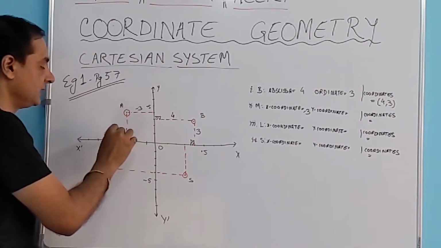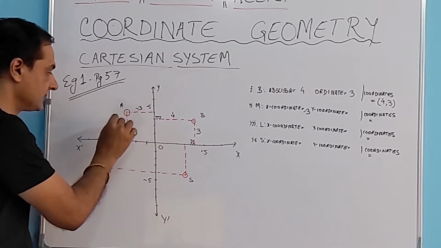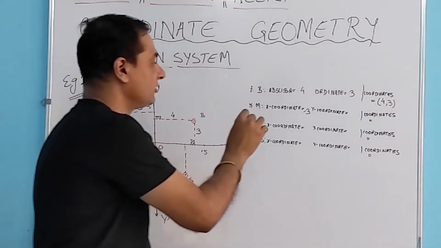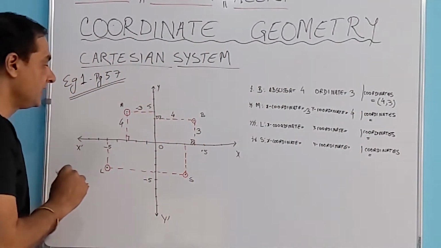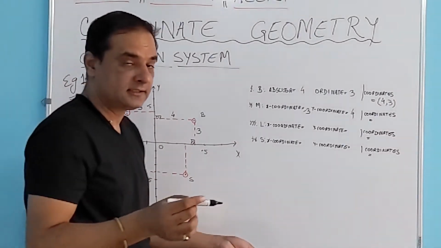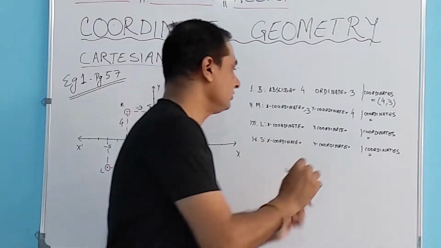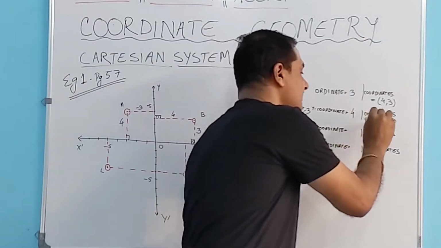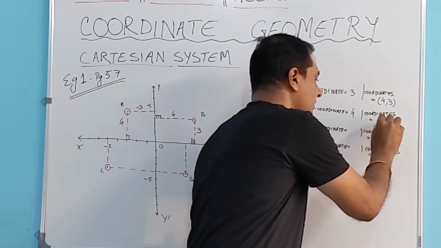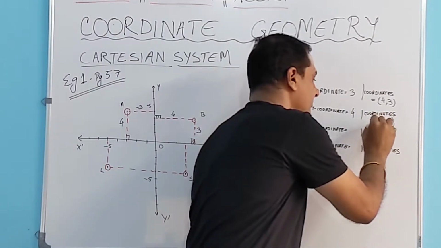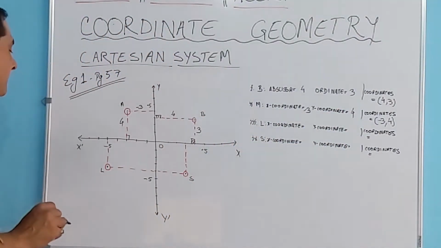The y coordinate is the perpendicular distance from the x-axis. If we see, this is 1, 2, 3, 4, it is 4. So we write y coordinate is 4 for point M. Now for the coordinates, again x coordinate, comma, y coordinate, in a bracket. So we write -3, comma, 4, in a bracket. Those are the coordinates for point M.